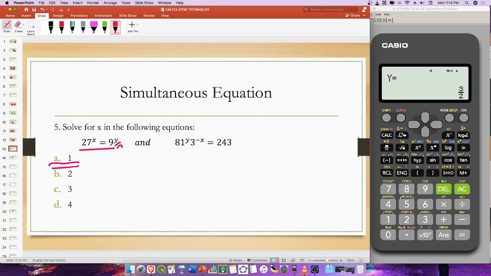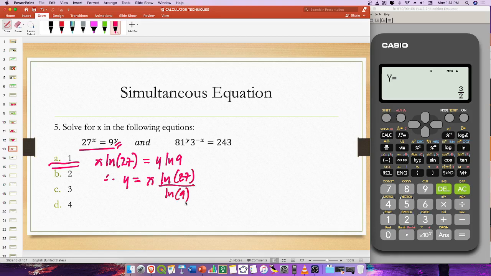We can take the logarithm of both sides. That will become x ln of 27, that's the property of logarithm. We also have y ln of 9. Therefore, y is equal to x ln of 27 all over ln of 9.